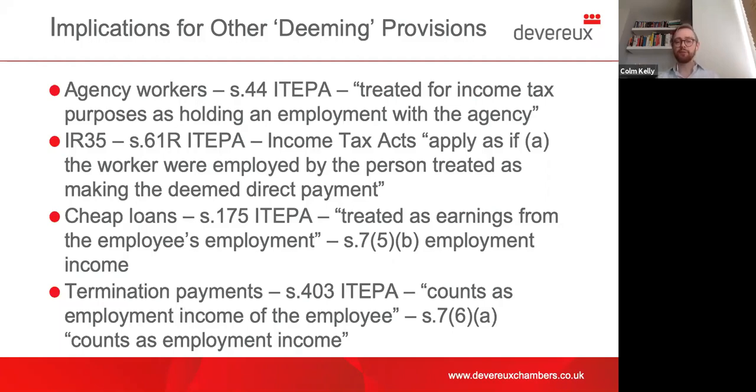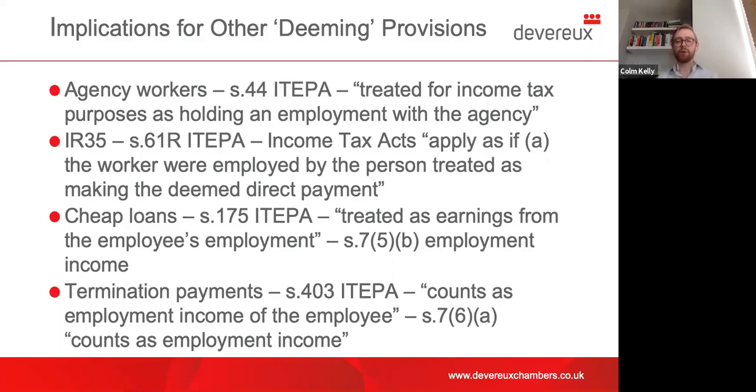Now, is that enough to transform that employment income into wages, salaries, or other remuneration so that that article allocates taxing rights and allocates the taxing rights to the UK? Or does it still not have the character of wages, salaries, or other remuneration? So it's an other payment and potentially taxable in the other country.